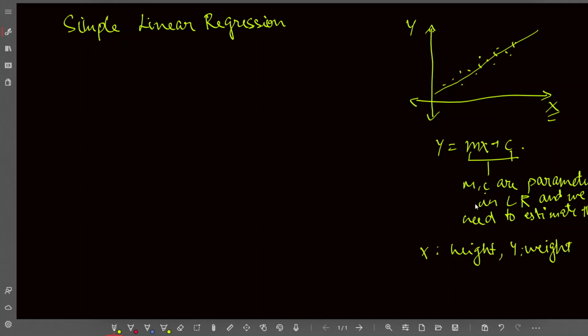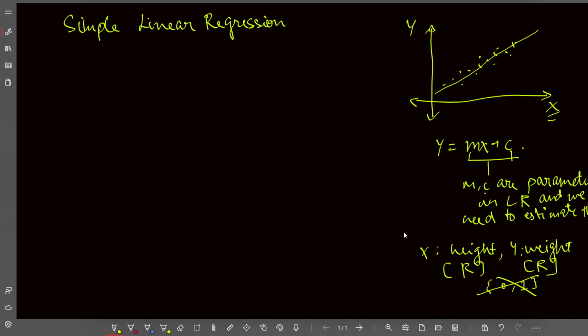Generally we see that as the height increases, the weight also increases. So using linear regression, we can find a relationship between these two variables. Both of these are real values. This is not classification where you have two classes, 0 or 1. You have real values over here.